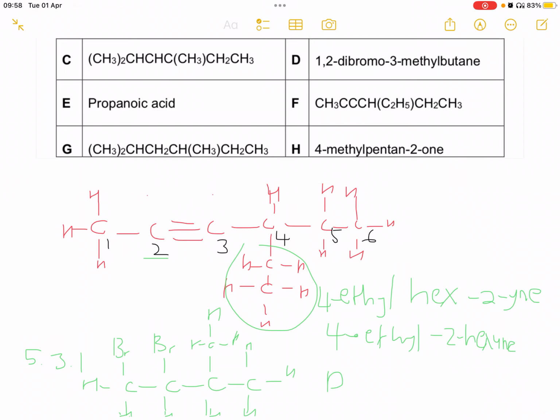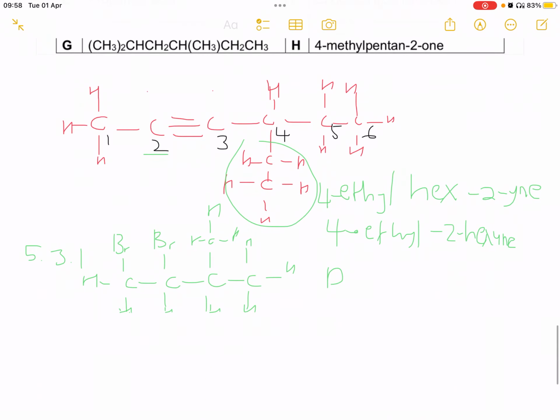5.3.2. We are looking for compound H, which is 4-methylpentan-2-one. Now pent means 1, 2, 3, 4, 5. And the 2-one is for a ketone, which means it has this functional group.